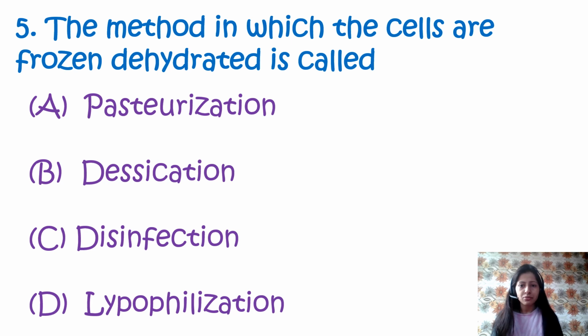So frozen dehydrated, actually lyophilization, option D, is our right answer. So what actually is lyophilization? We also call it freeze drying. It is a low temperature dehydration process which involves freezing the product, lowering the pressure, and removing the ice by sublimation. So the method in which cells are frozen dehydrated is called lyophilization.